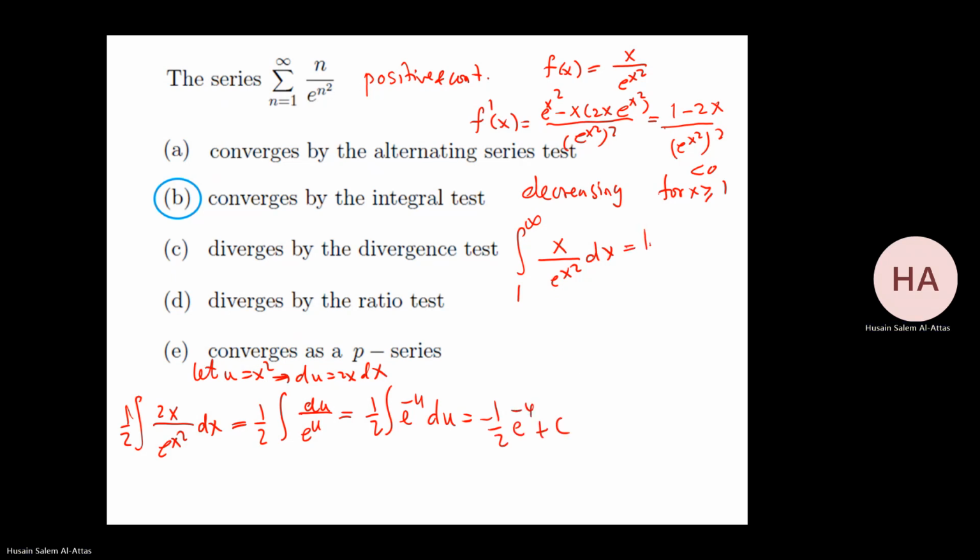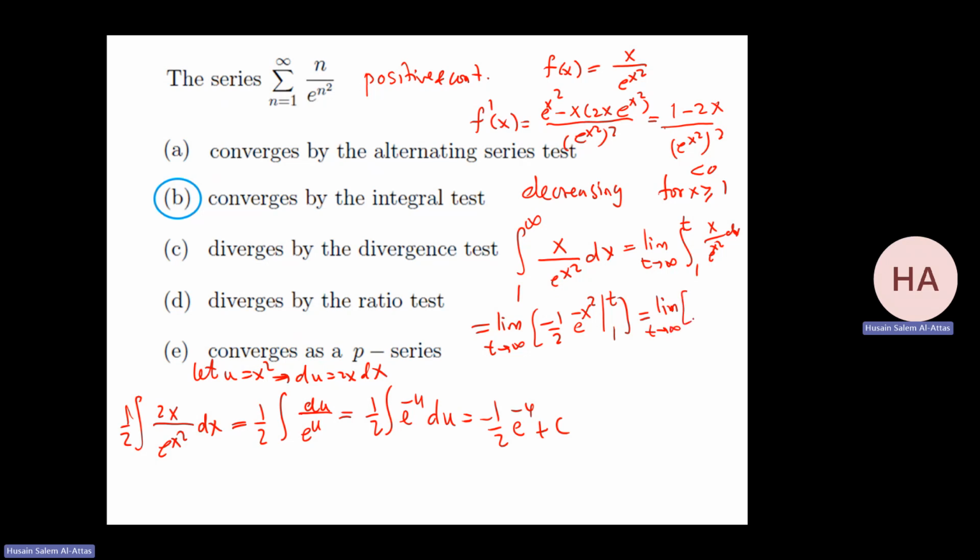So this is with the limit as t goes to infinity, from 1 to t. That will be the limit as t goes to infinity of minus half e to the minus u, where u is x squared, from 1 to t. That will be the limit as t goes to infinity of minus half e to the minus t squared, plus half e to the minus 1.